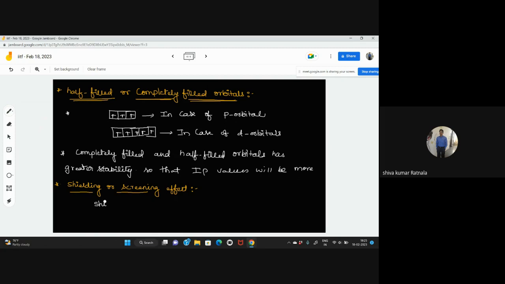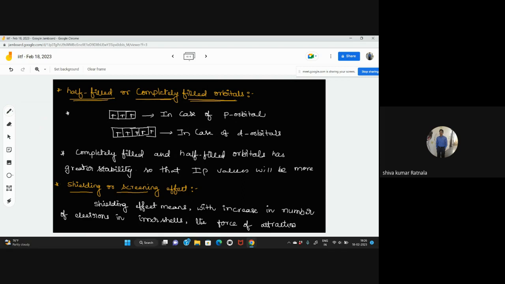Shielding effect means, with increased number of electrons in inner shells, the force of attraction on the valence shell decreases. Sir, can you go to the previous?